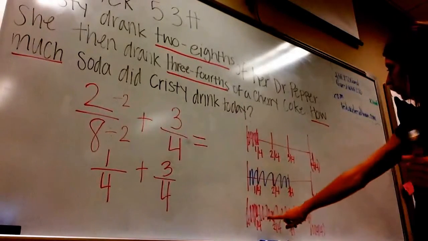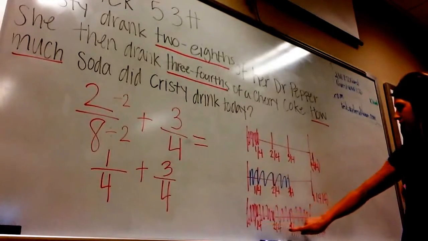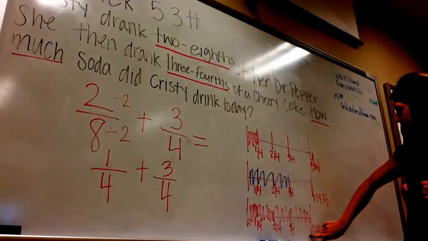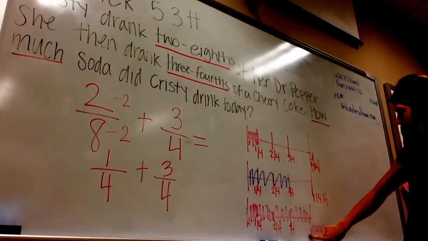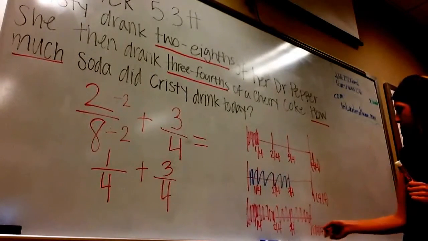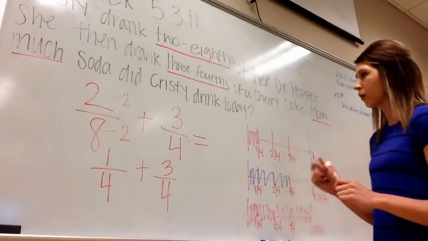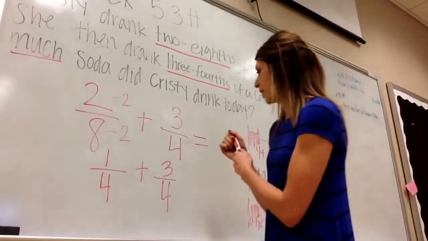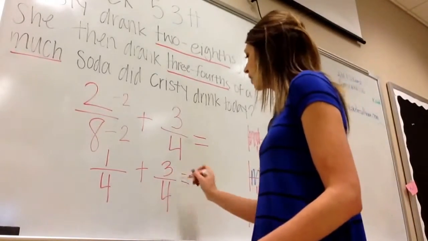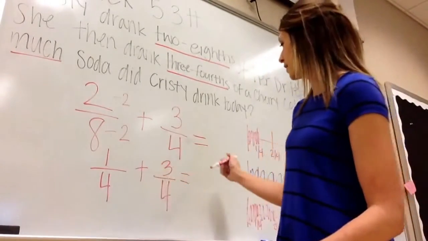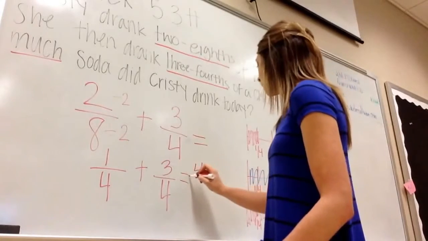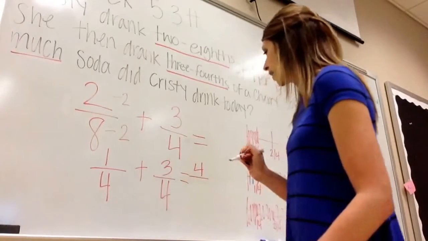And if you notice, we have completely filled up this line model, this linear model right here. So it is at the 1. So 4/4, which is the whole, which equals 1 whole. And if we go back to our problem right here, and we solve it, we know that 1 plus 3 is 4. Make sure we put that line because it's important in a fraction.